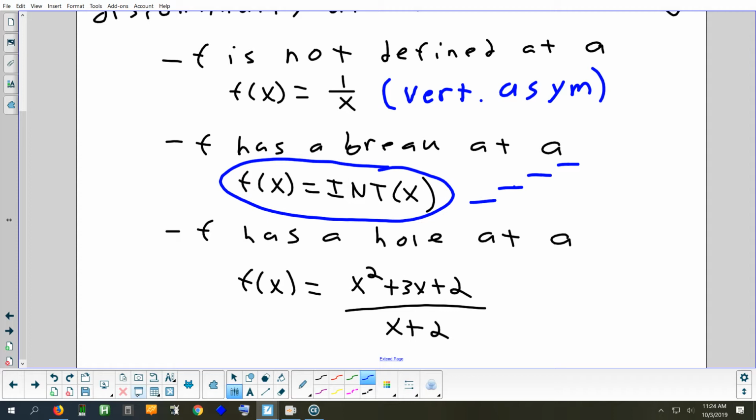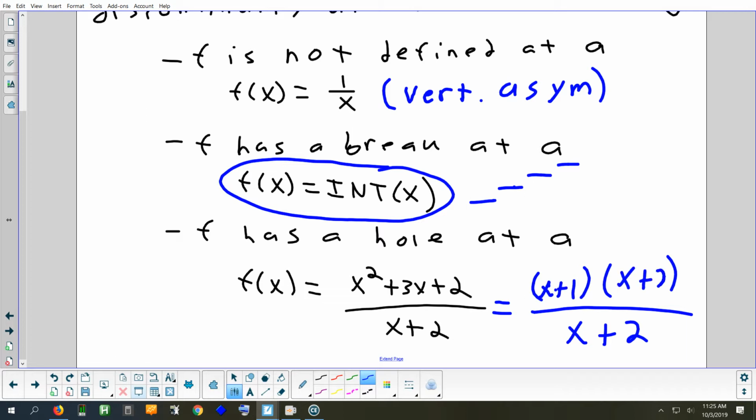Okay? But factor what's in the top. What do you get if you factor what's in the top? X plus 1 and x plus 2.